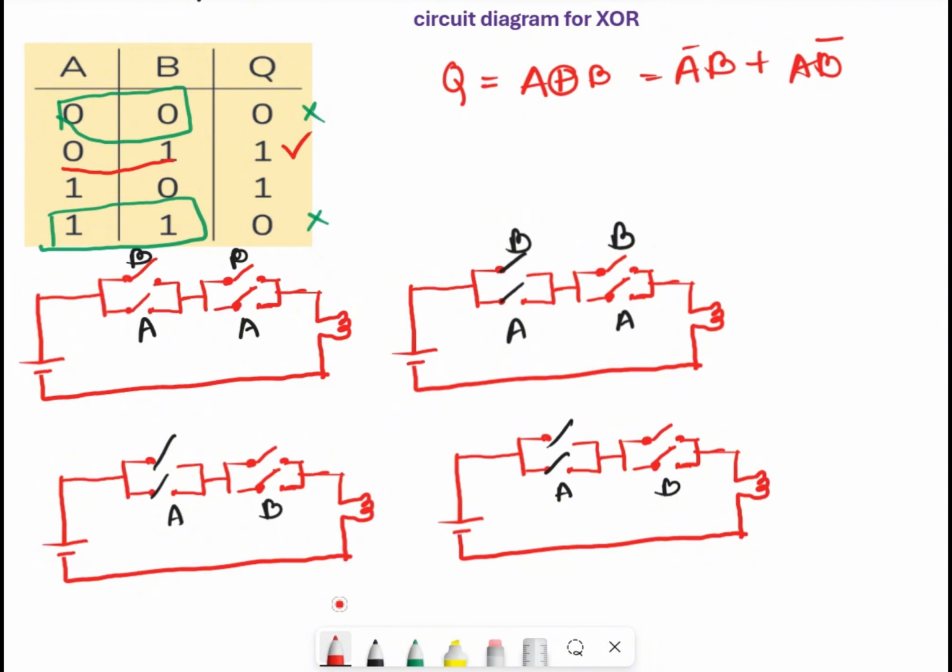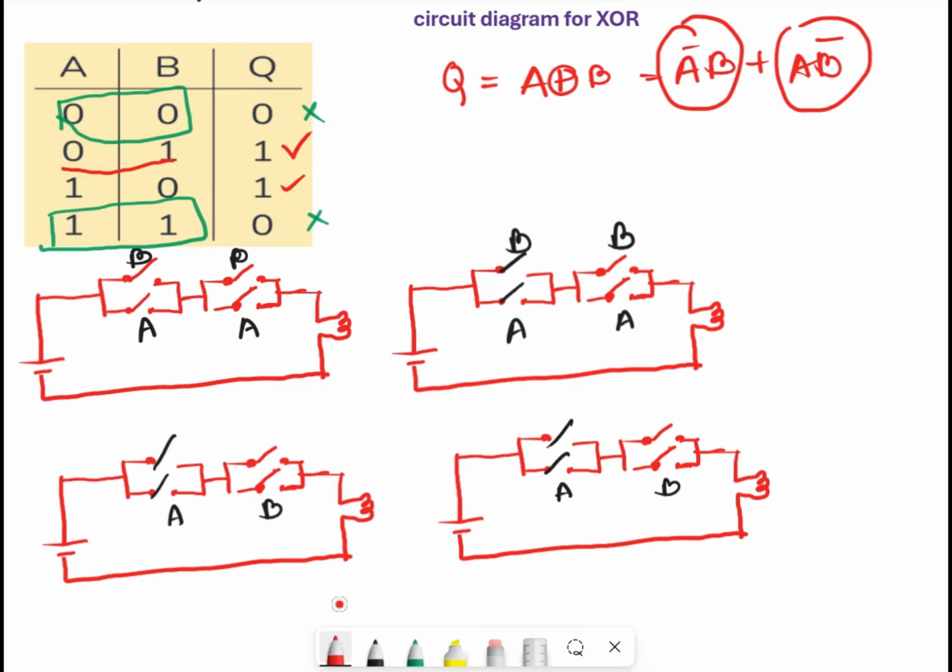Same as 1 0, we have 1, right? And here actually are two switch branches. One is this portion, another one is this portion. Why? Because we have A bar B and another one A B bar, and they are added together, right? Indeed, they are in parallel because they are added together. That's why.